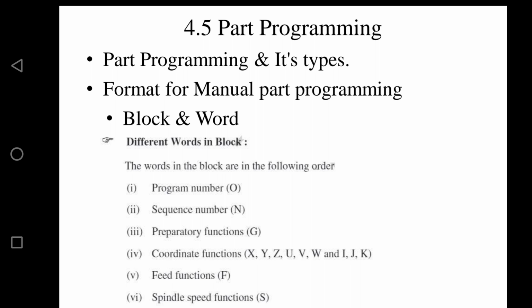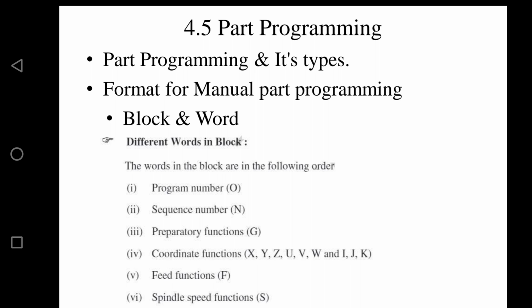The sequence number is designated by the letter N followed by a 3-digit number. The program number is a 4-digit number following the letter O, but the sequence number is a 3-digit number following the letter N. We can have the sequence from 000 to 999, so in 999 sequences we can arrange our programs.